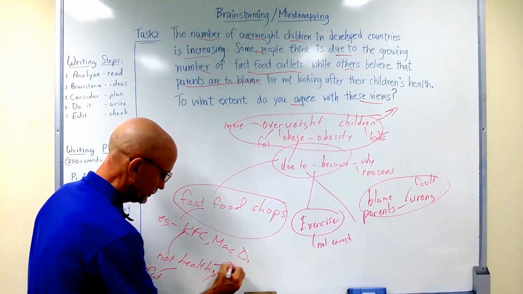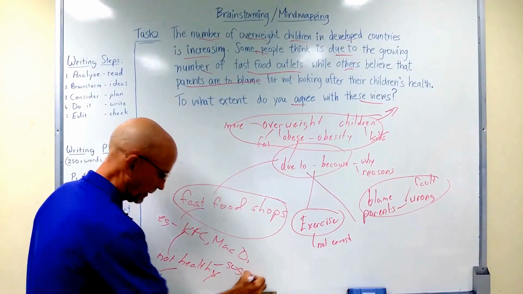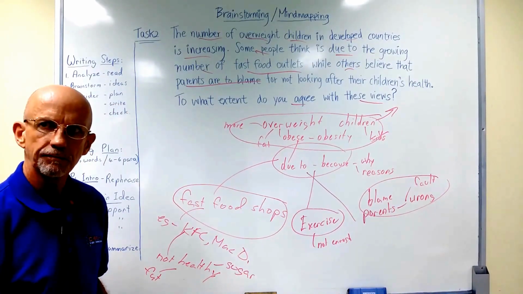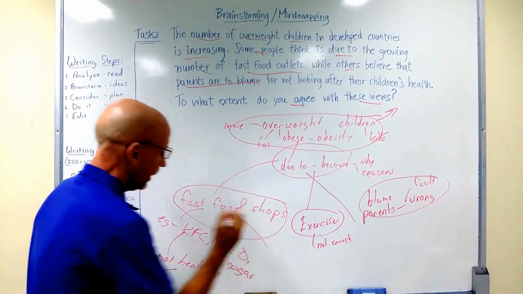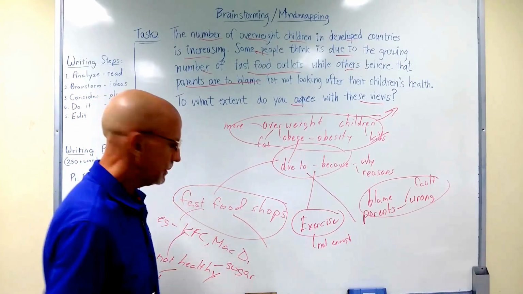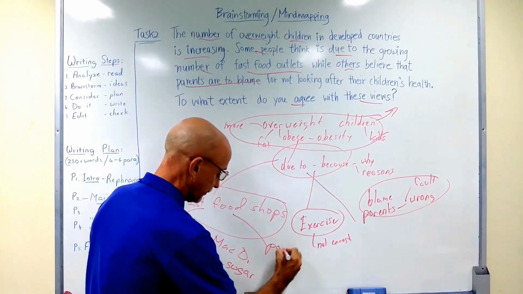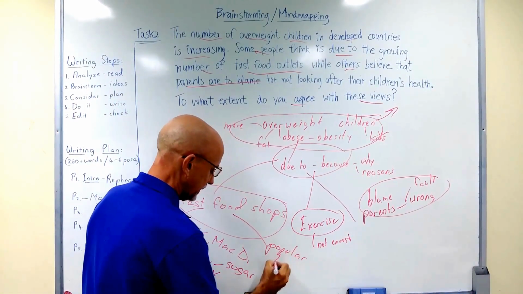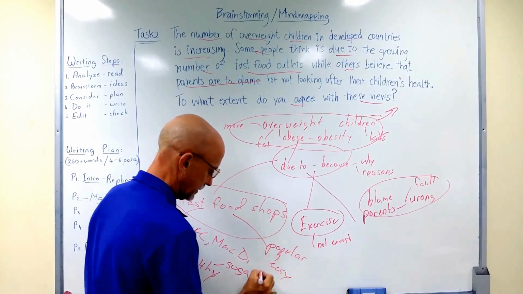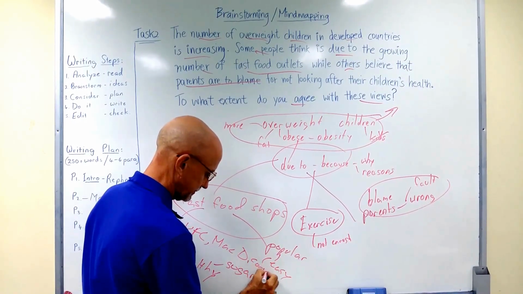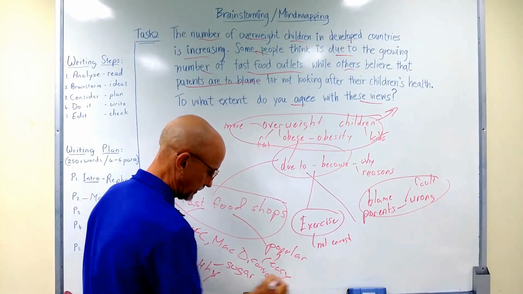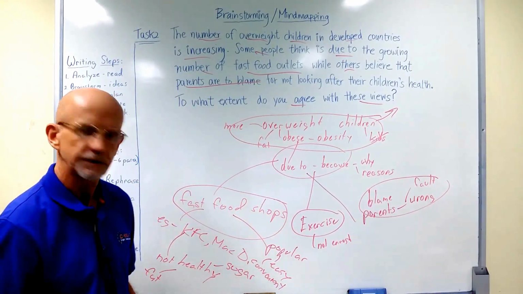It's a lot of sugar. Yep, it's bad for young children. I might think, well, why is it so popular then? Yes, it's popular. Why? It's easy. It's convenient. So again, I use some more adjectives, okay?